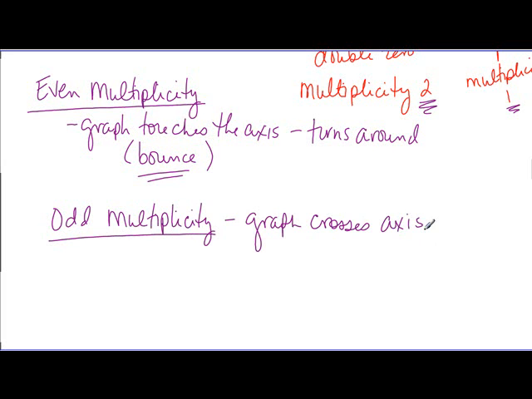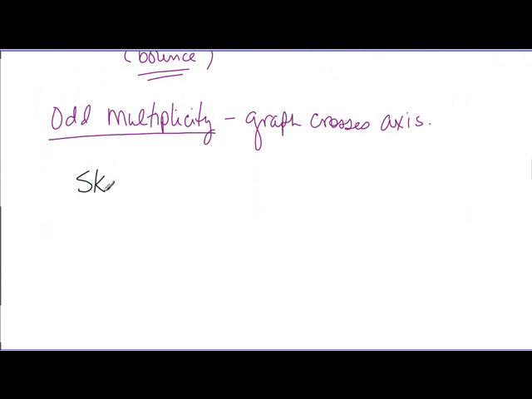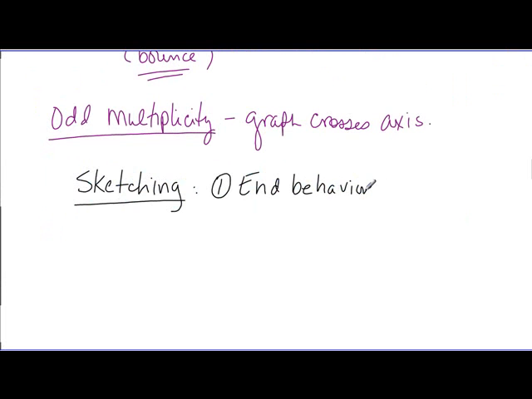So, when you're sketching the graph of a polynomial, the first thing I want you to think about is end behavior. Okay, remember that the leading term indicates what the end behavior of the function is going to be. The second thing that you're going to do is find the zeros and their multiplicity.